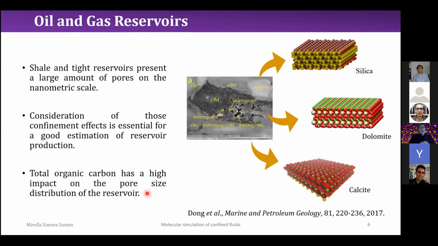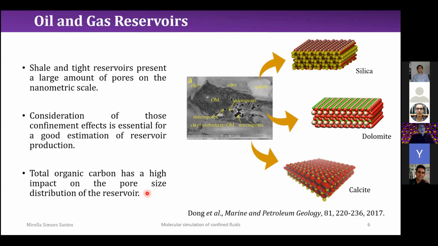Switching to the part where we focus on oil and gas reservoirs, and how molecular dynamics simulations can help us understand the properties of confined fluids in those systems.